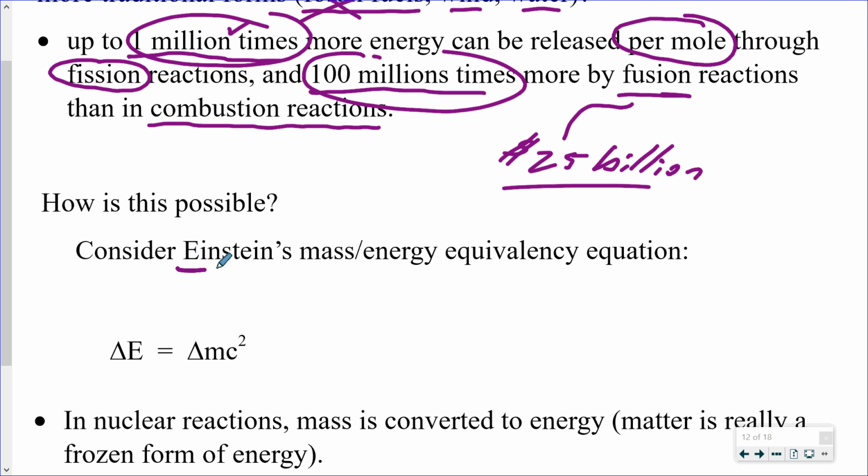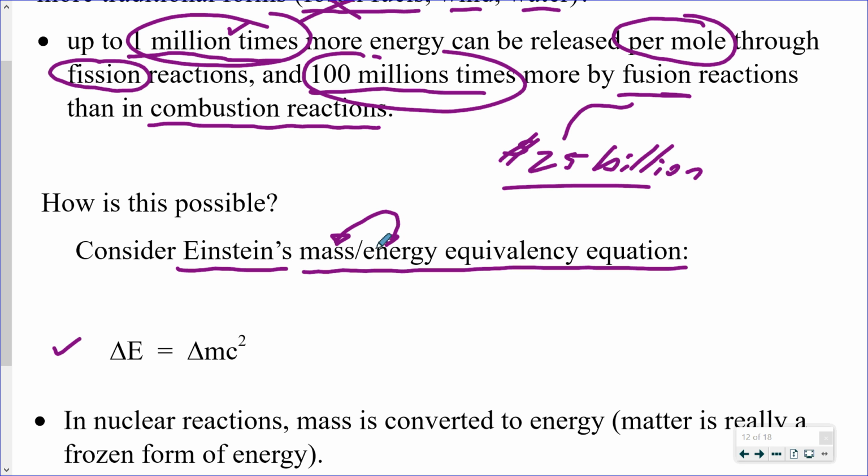Well, it all comes down to Albert Einstein's equation, this equation right here that's in your data booklet, from more than 100 years ago. So this is the mass energy equivalency equation. This comes from his special theory of relativity. And what it really says is that these two here, mass and energy, they're interconvertible. So we can take mass and we can convert it into energy.